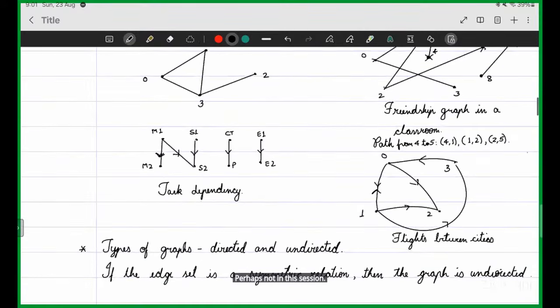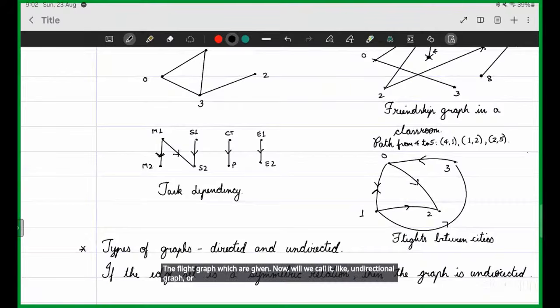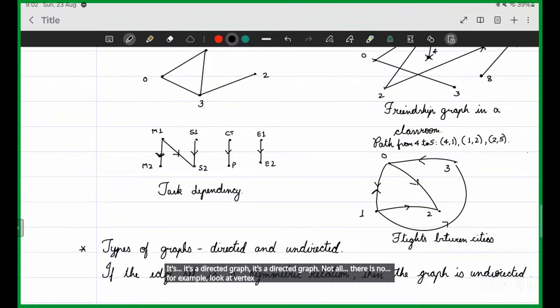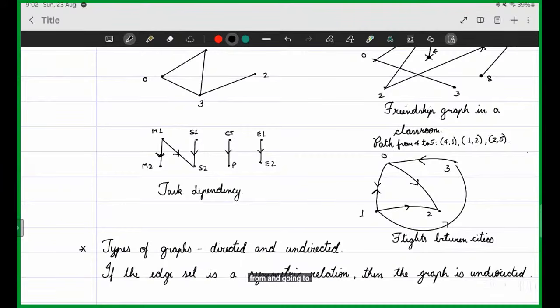The flight graph which I've given now, will we call it a unidirectional graph or a directed graph? It's a directed graph. Look at vertex 2, for example. If this was an undirected graph, 2 and 0 are connected, so there's no information of starting from and going to. It is just a connection between two places.